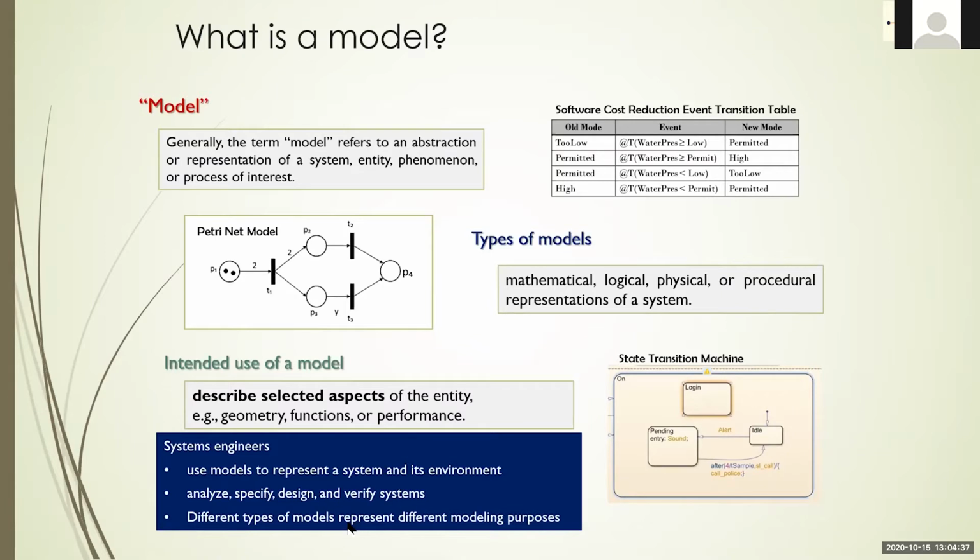The other important thing is that you may have different types of models, and each one of those models may have a different purpose. So it's important that you understand how many models you have and what the purpose of each one of those models is. Like in this example, on the top part, we have a table for straight state transition, and on the lower part, we have a visual representation of those states.